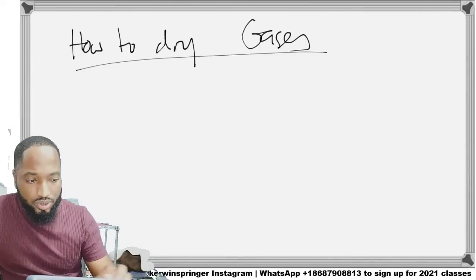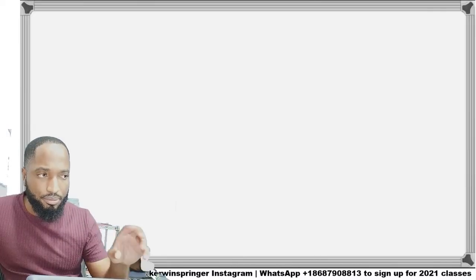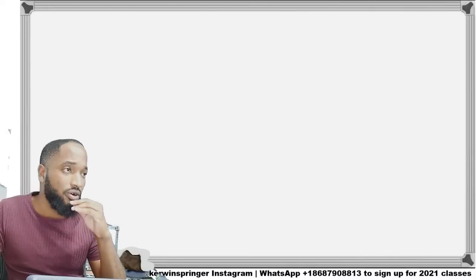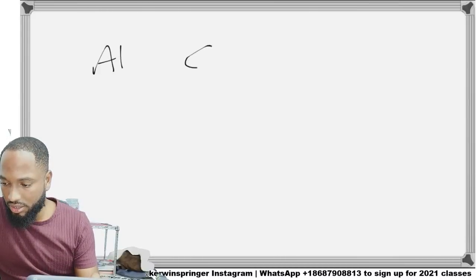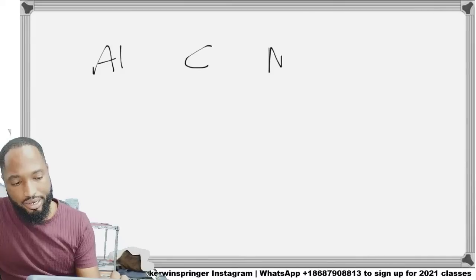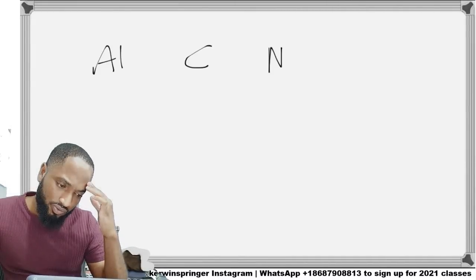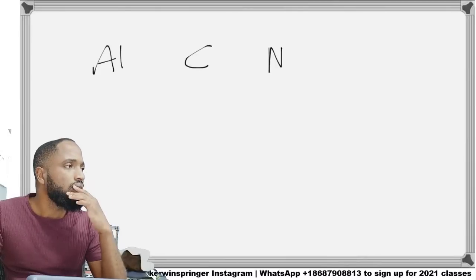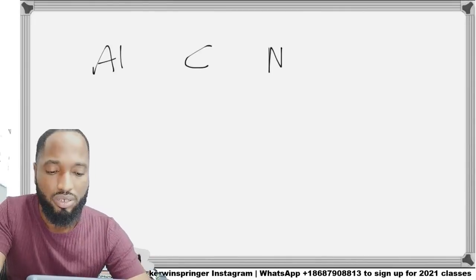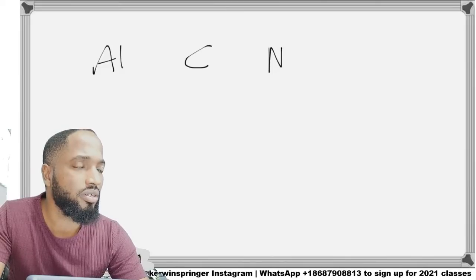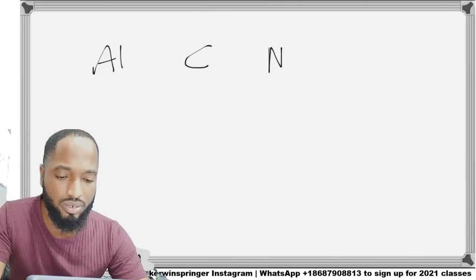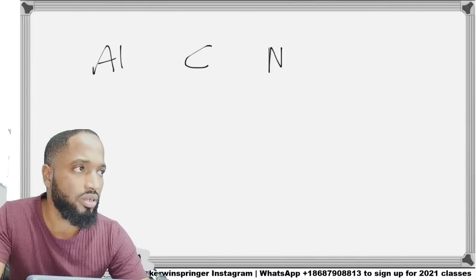They'll give you natural atoms and ask you which one could form an alkali, which one could form an acid. If you have Al, C, N, which one will dissolve to form something acidic?